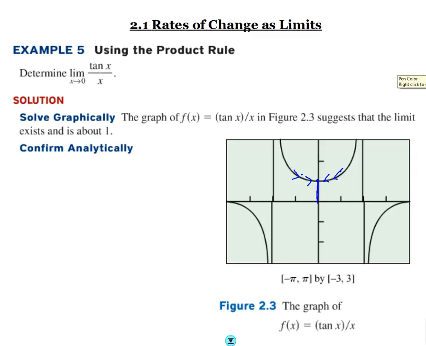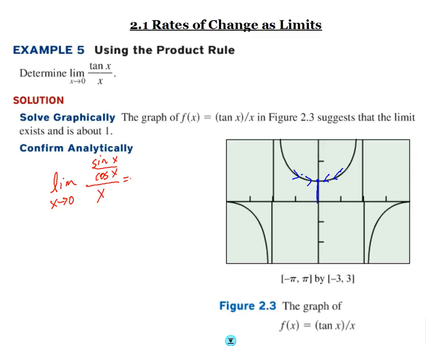So what you need to remember is what makes tangent. So when it says analytically, that means algebra. So yay, algebra. So I come here and say, well, the limit as x approaches 0, I can rewrite tangent as sine over cosine all over x.